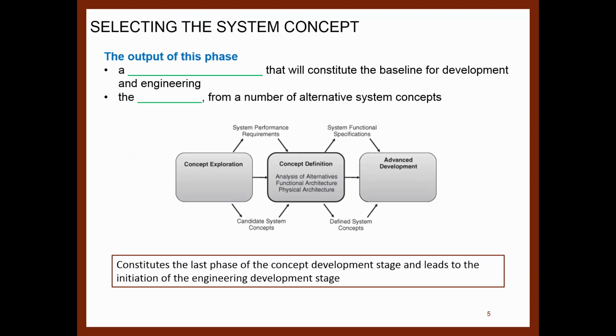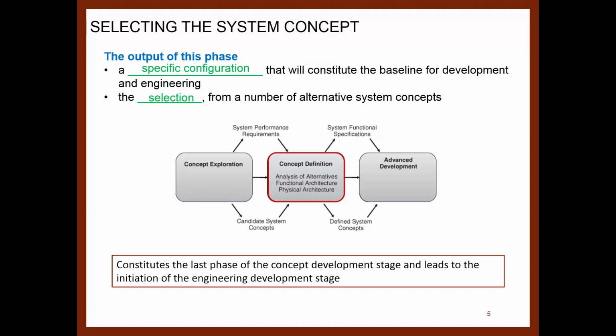So the output of this phase of the systems engineering lifecycle model is a specific configuration that will constitute the baseline for development and engineering. It is the selection from a number of alternative system concepts. And as you can see in this diagram, we're moving from concept exploration to concept definition.